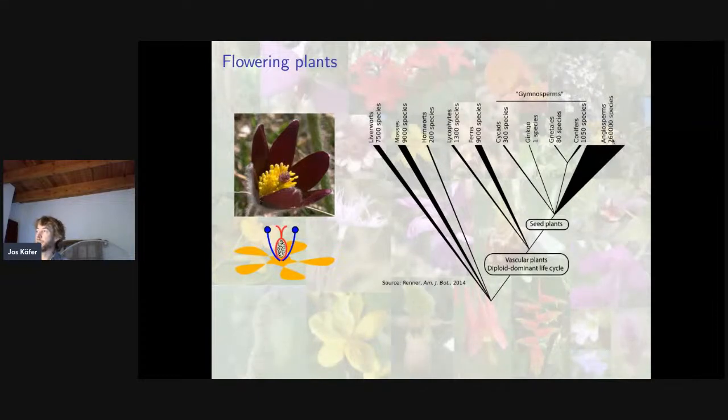She noted 260,000 species, but by now it's more like 350,000 species if you look at Plants of the World online or resources like that. So they did have a tremendous amount of evolutionary success, these angiosperms.